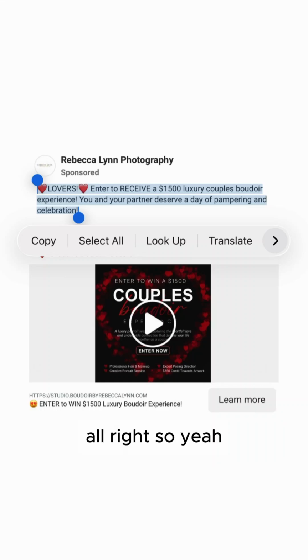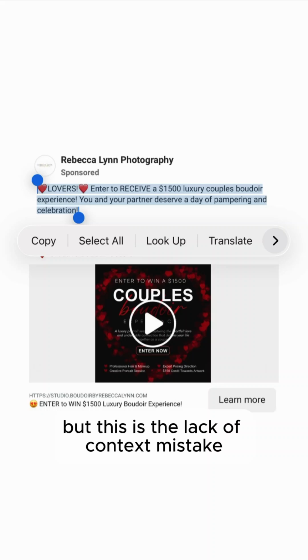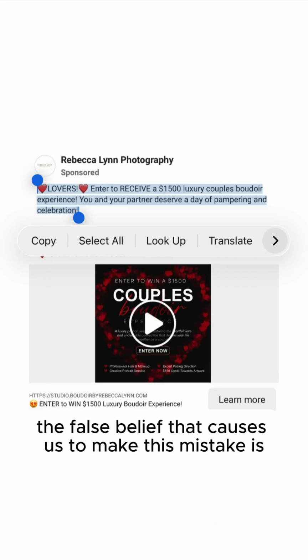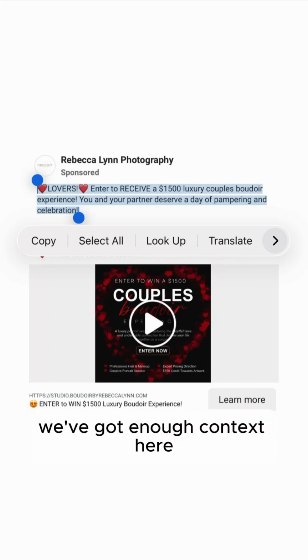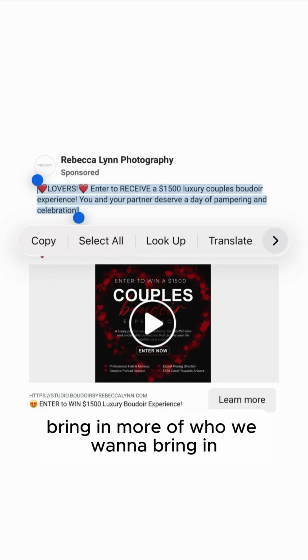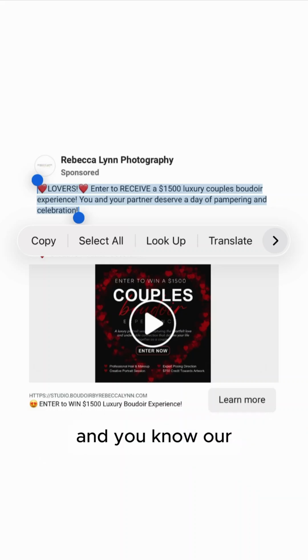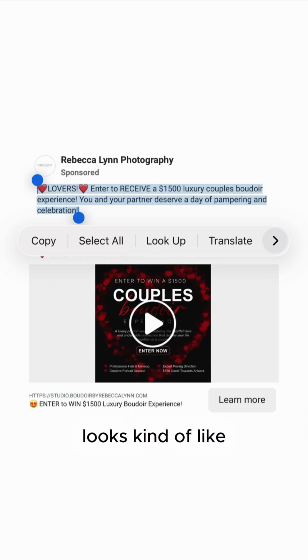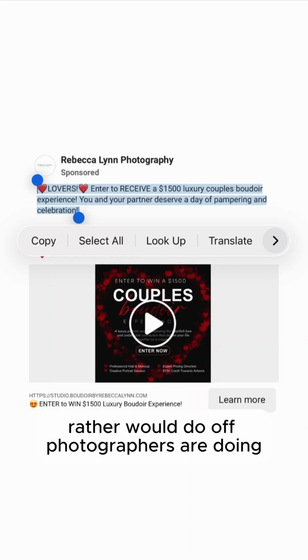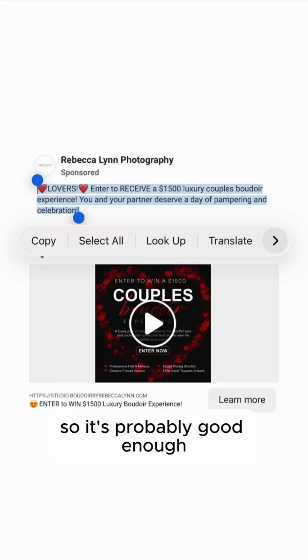All right, so yeah, we've got a little bit of context here, but this is the lack of context mistake. The false belief that causes us to make this mistake is we believe that we've got enough context here to actually bring in more buyers, bring in more of who we want to bring in, and our See More headline here looks kind of like what other boudoir photographers are doing, so it's probably good enough.